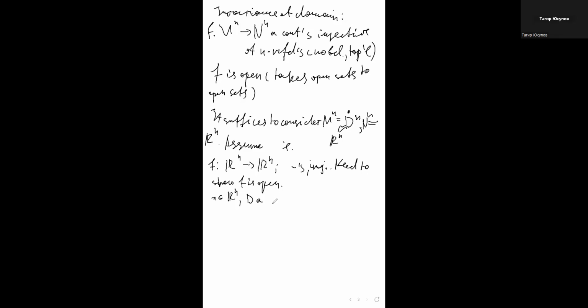I didn't mean to. Anyway, I have a disk which contains x in its interior, and I want to show that the F of the interior is open.